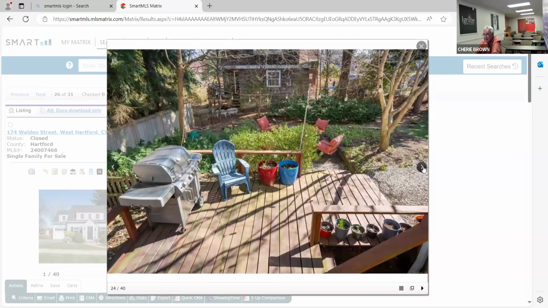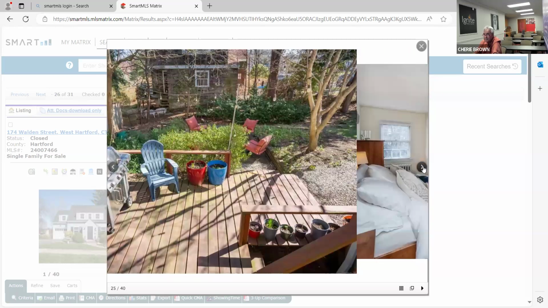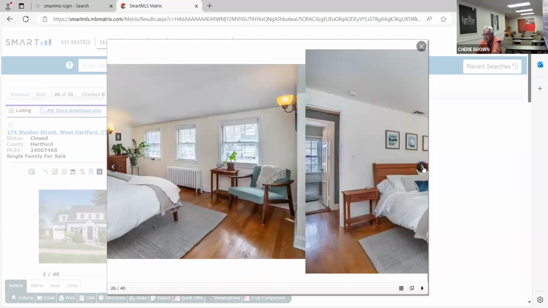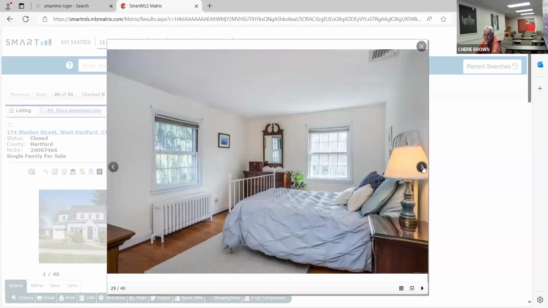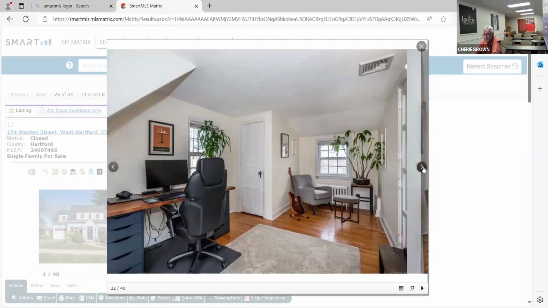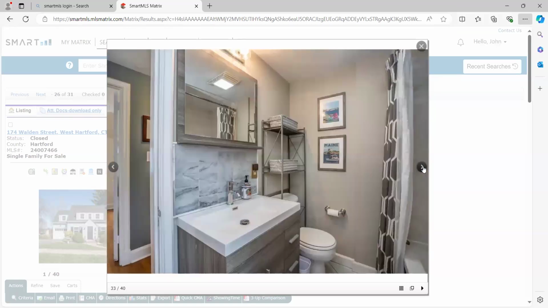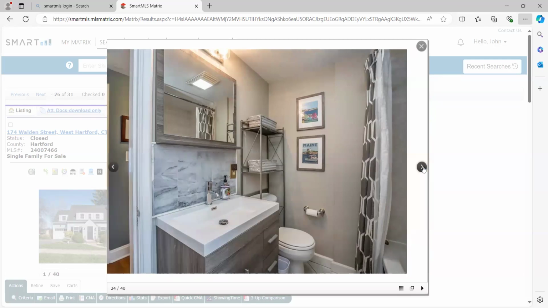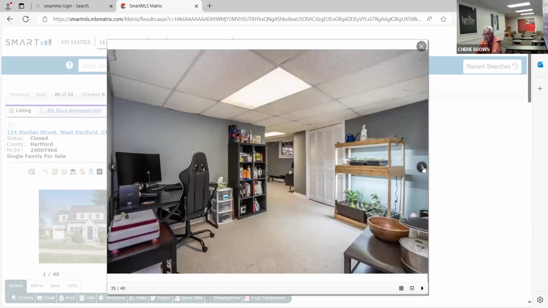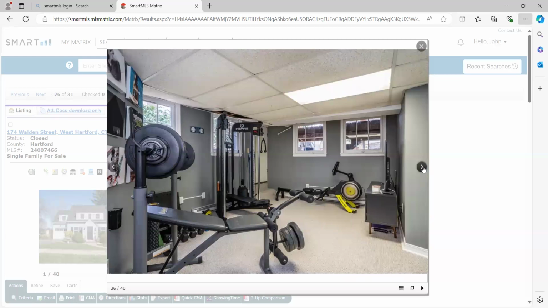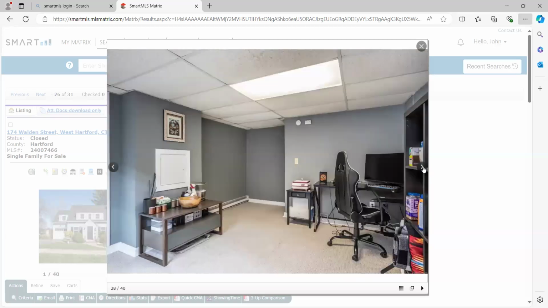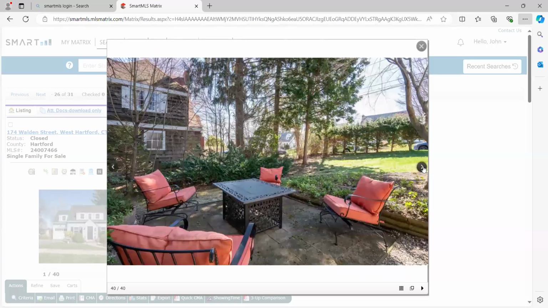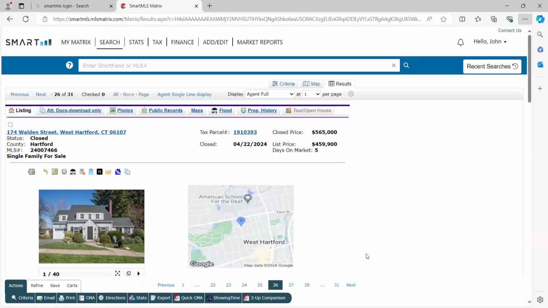Fire pit. Lower level. Nice house. Nice lower area.